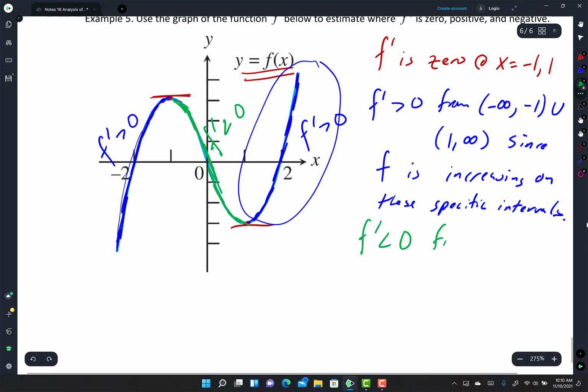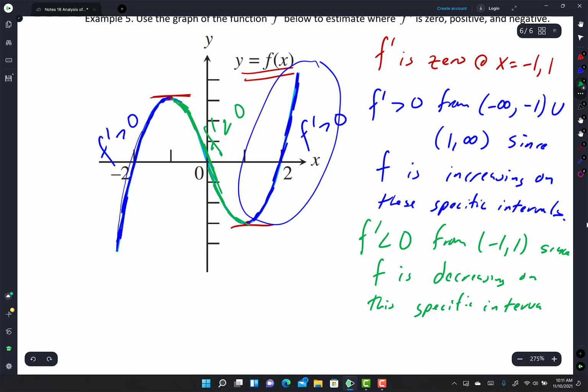F prime is negative from -1 to 1, since F is decreasing on this specific interval. This is how I talk, so this is how I write. F prime is negative from -1 to 1 since F is decreasing.